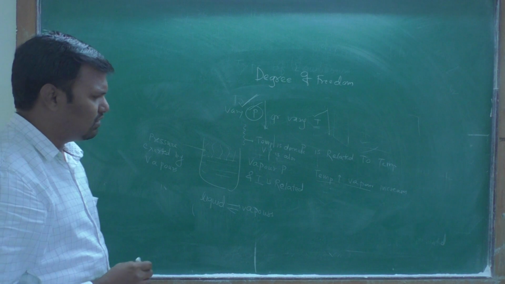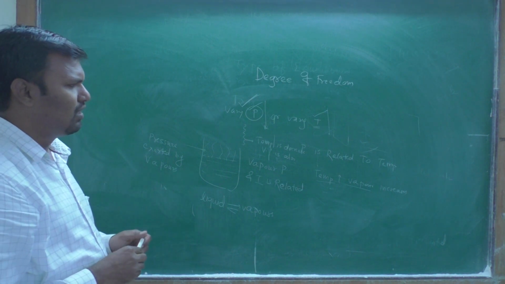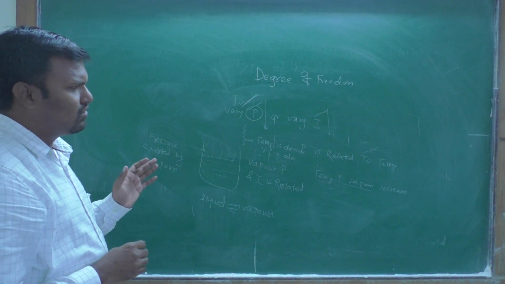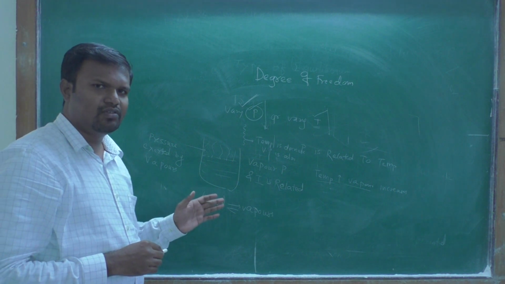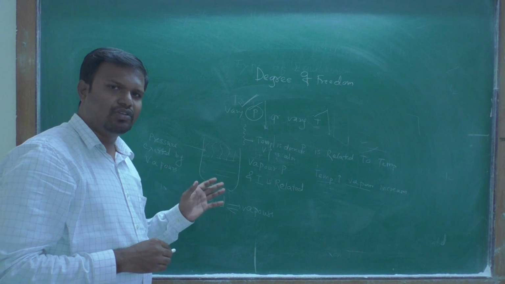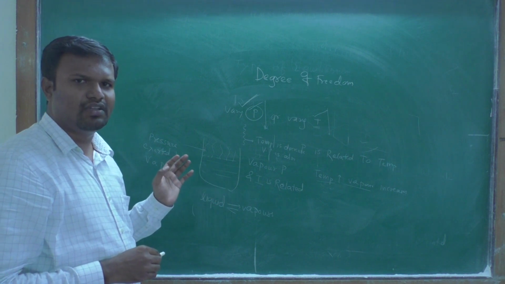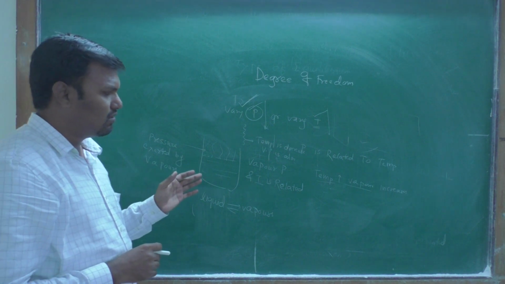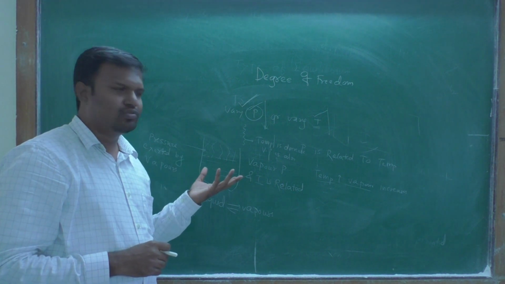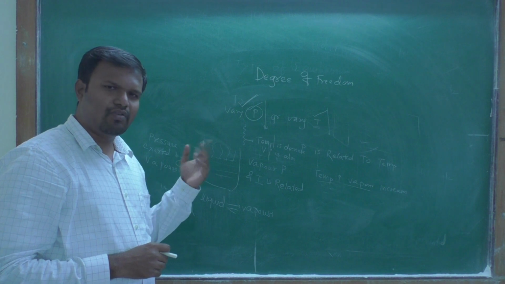Okay, therefore in this equilibrium, any quantity you vary, and one quantity you make constant, then the equilibrium is not disturbed, and it gives the perfect value of the other quantity.